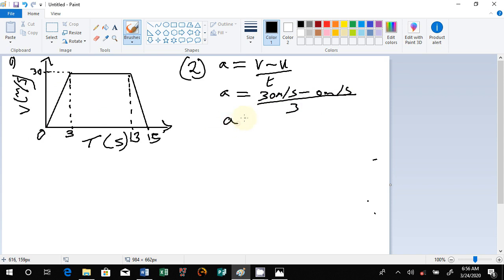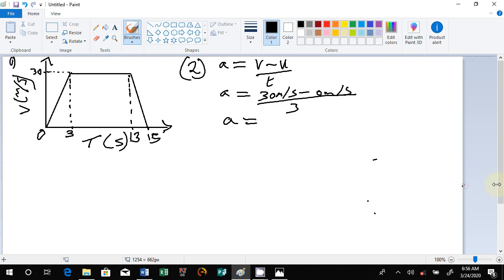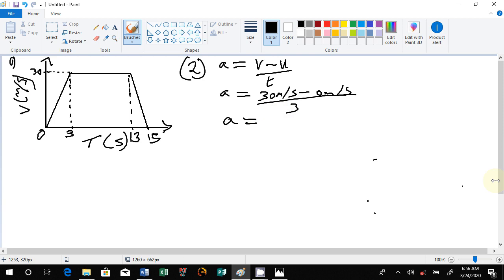Then our acceleration will be equals to, okay, we are finding it and it's going to be interesting. Our acceleration is equals to, 30 minus 0 is still 30, and then 30 divided by 3, that's 10. So we write 10.